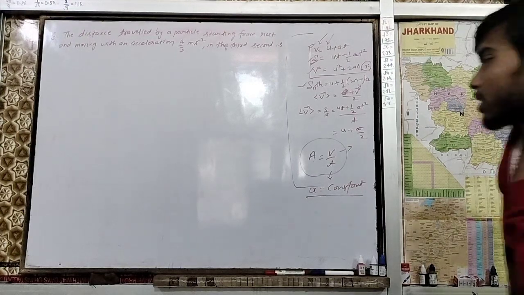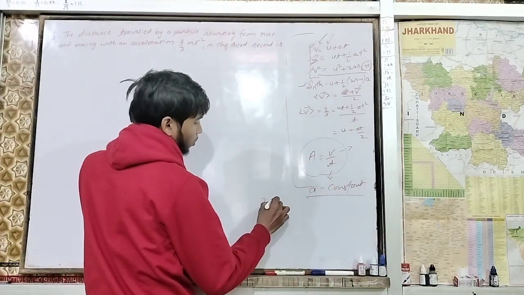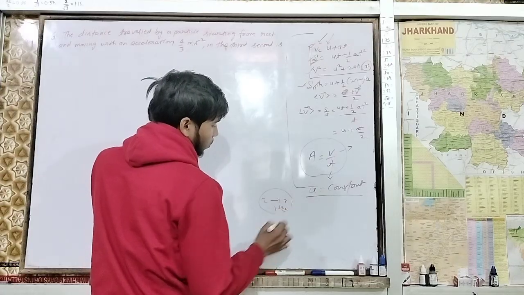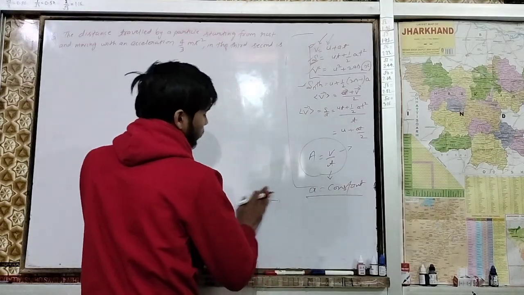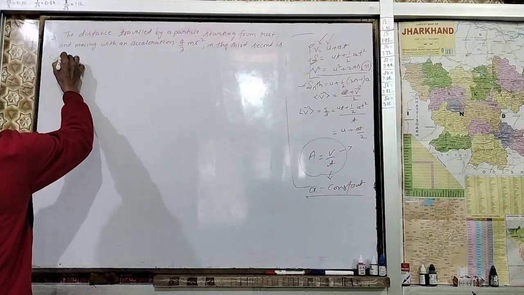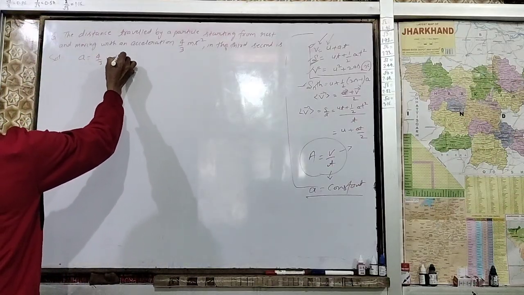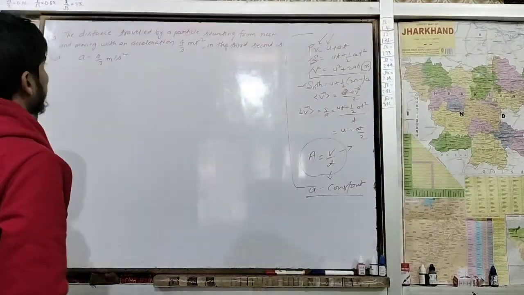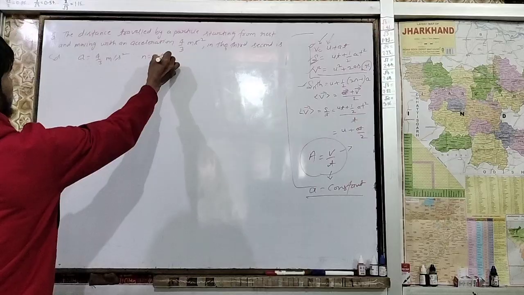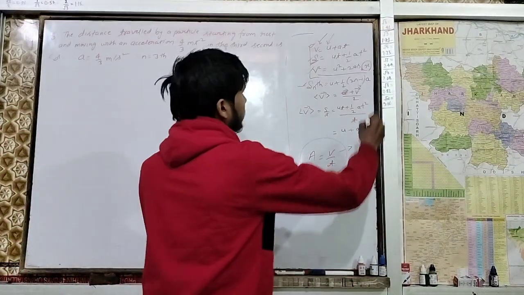In the third second, which means from 2 to 3. This 1 second. It is talking about this 1 second. So acceleration is how much? Positive 4 by 3 meter per second squared, and n is 3.